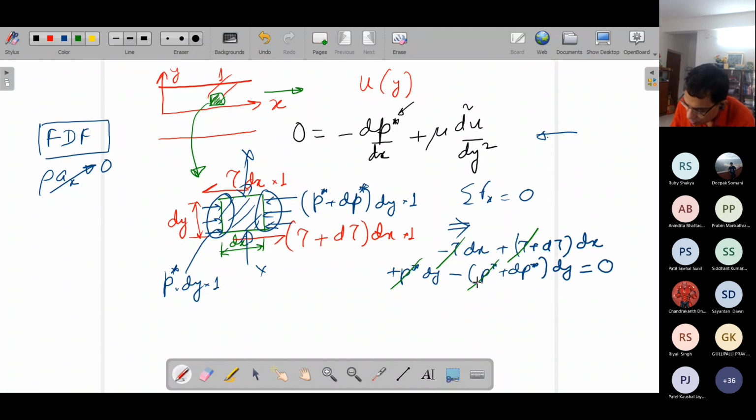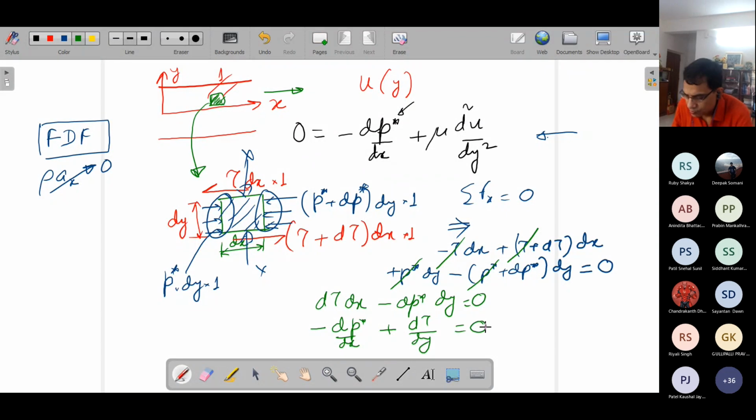So you will get d tau dx minus dp star dy equal to 0. So dp star dx minus dp star dx plus d tau dy is equal to 0.